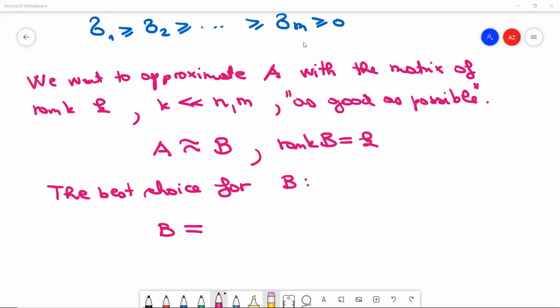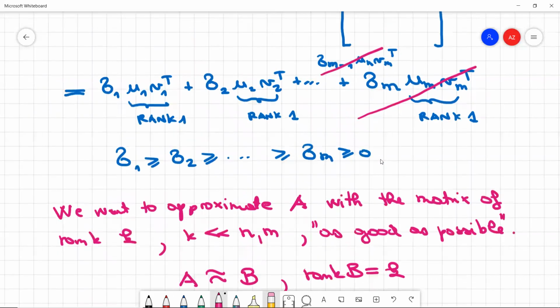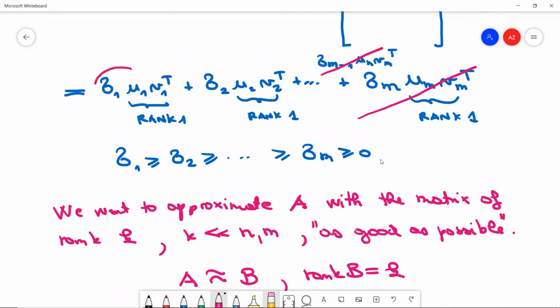Yes, so we take only the k largest singular values with the corresponding singular vectors. So the best choice would be to take the first k summands in the singular value decomposition.